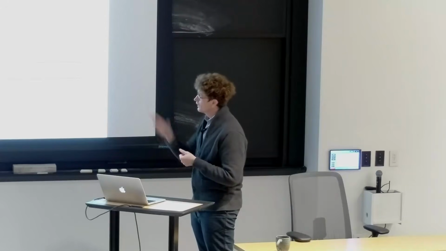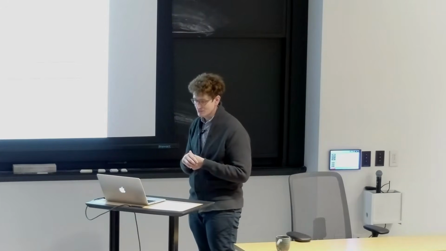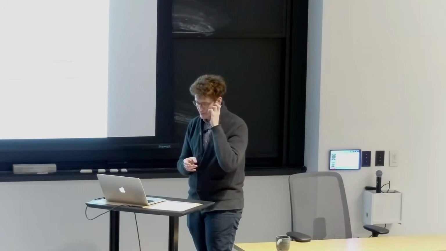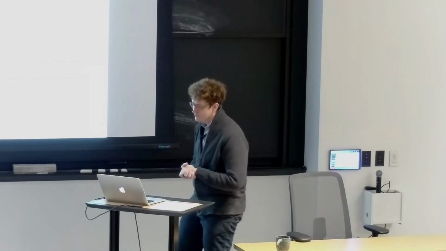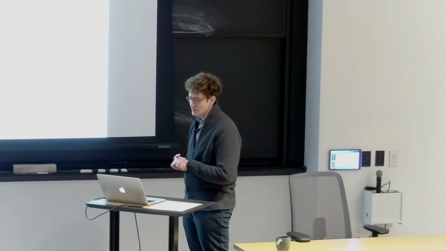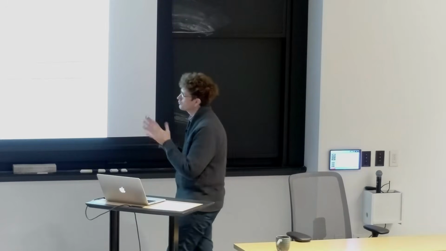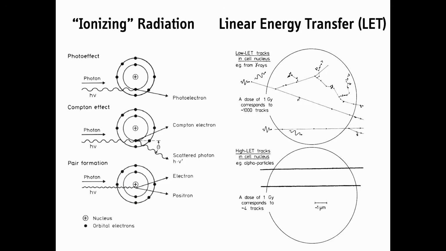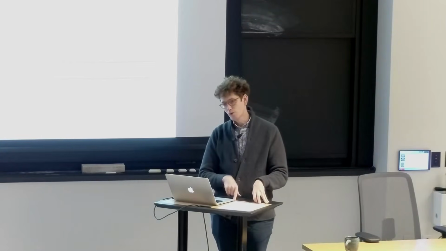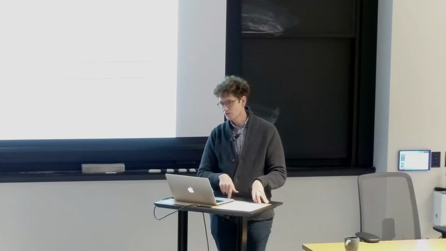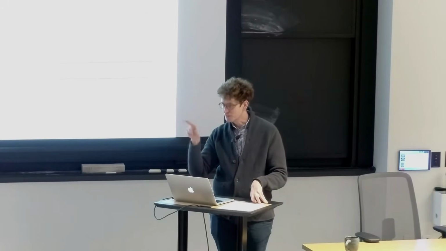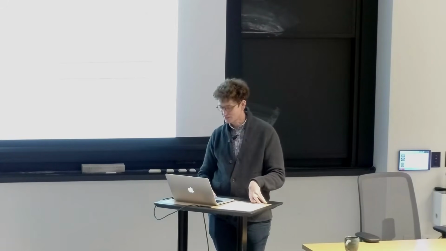This is what I think Einstein received his Nobel Prize for. The probability of this increases dramatically with atomic number, somewhere between Z cubed and Z to the fifth. And it decreases dramatically with the energy of the photon, about 1 over E to the 3, E being energy, obviously.